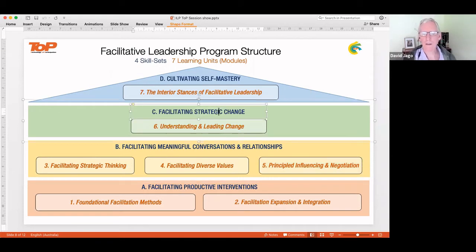Okay, as you can see, the next skill set is around, well, what does it mean to facilitate strategic change? So understanding and leading that and thinking around, what's the human diversity involved? What are the different human structures in play here, human and organisational structures?